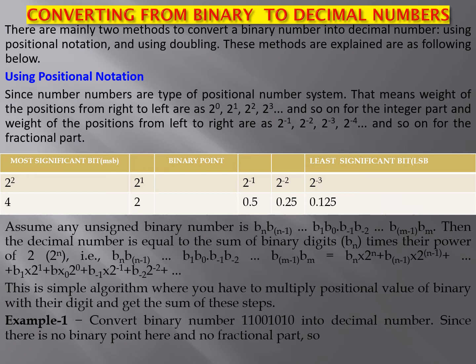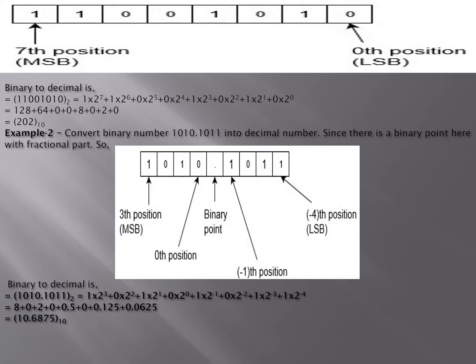Since there is no binary point here, there is no fractional part. 11001010 base 2 is equal to 1 into 2 to the power of 7 plus 1 into 2 to the power of 6 plus 0 into 2 to the power of 5 plus 0 into 2 to the power of 4 plus 1 into 2 to the power of 3 plus 0 into 2 to the power of 2 plus 1 into 2 to the power of 1 plus 0 into 2 to the power of 0, that is equal to 128 plus 64 plus 0 plus 0 plus 8 plus 0 plus 2 plus 0, that is equal to 202 base 10.